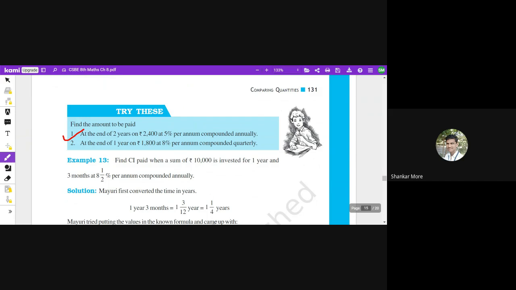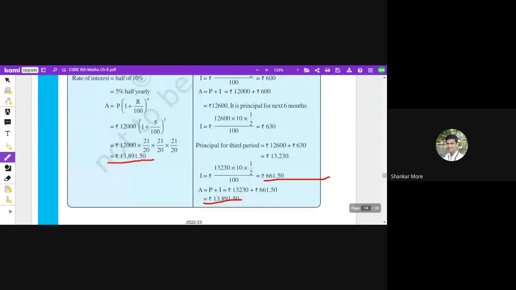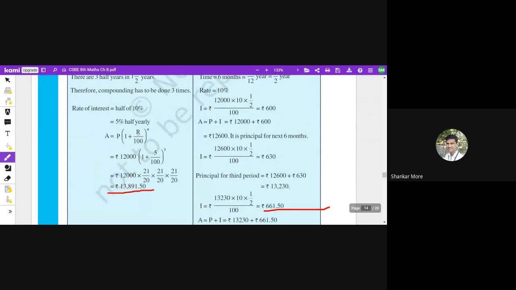So how are you going to do this? See, R here is 5, here is 100, so 105 by 100, 105 by 100, and 2 for 2400. 105 square and 2400.